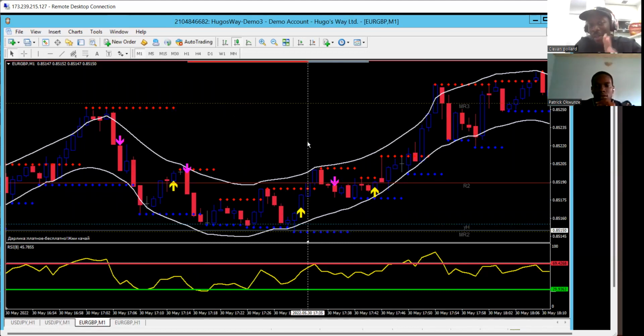Now again, remember, it's still an uptrend. Don't worry about the sell arrow because it's still an uptrend. We're not taking any sell on a bullish candle, or any buy on a bearish candle. Period. So here we go, we got another signal. Wait for it.